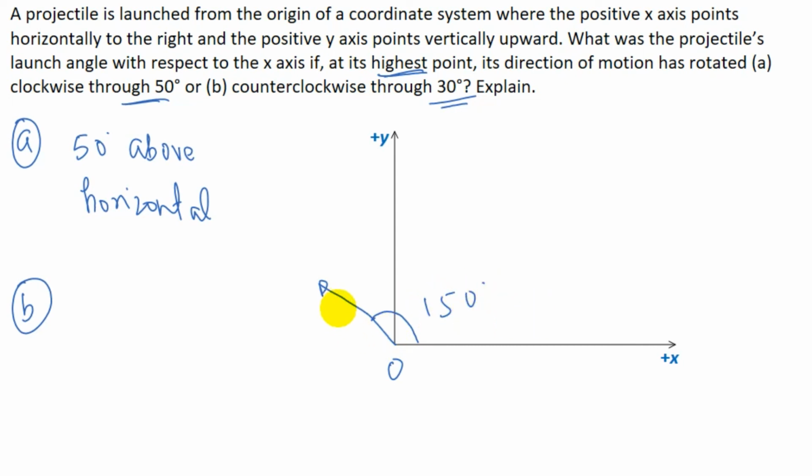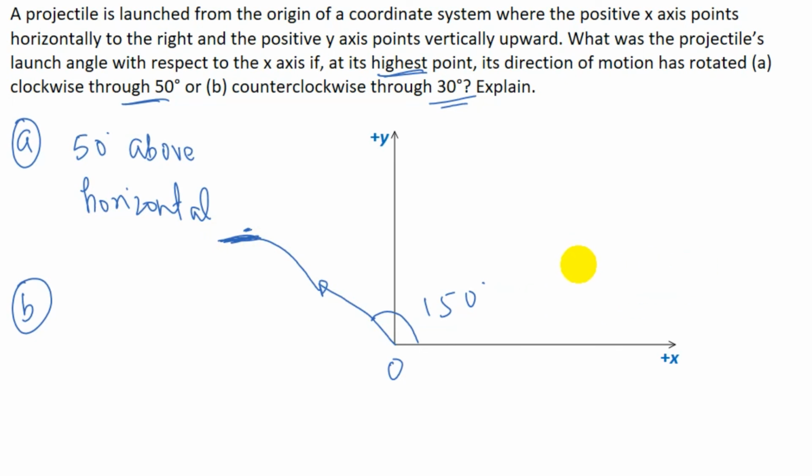Why? Because when it reaches the topmost point, it has rotated counterclockwise through 30 degrees, and at this point it becomes horizontal. So 150 plus 30 becomes 180 degrees. That means it becomes horizontal at this point.